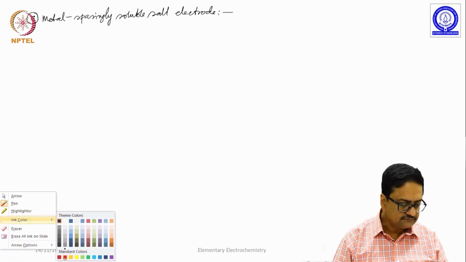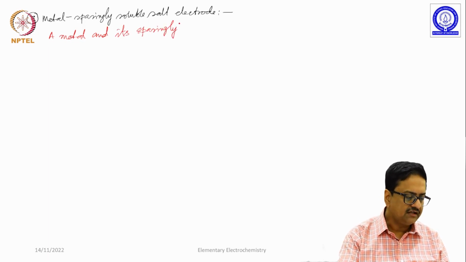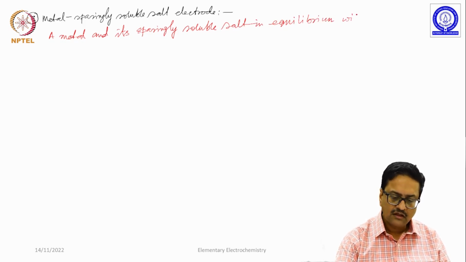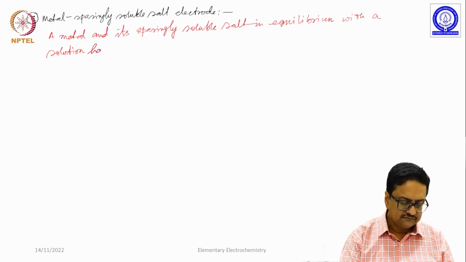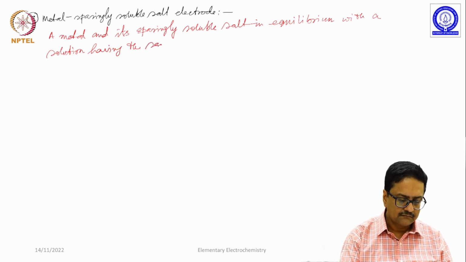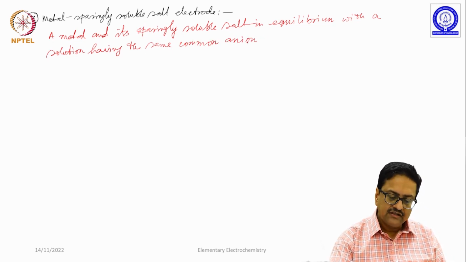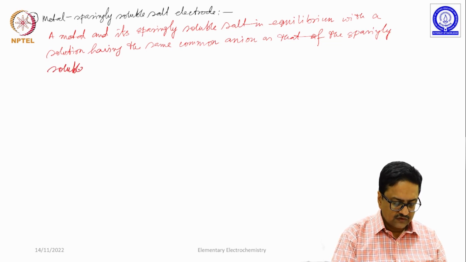So in this case, we take a metal and its sparingly soluble salt in equilibrium with a solution having the same common anion as that of the sparingly soluble salt.